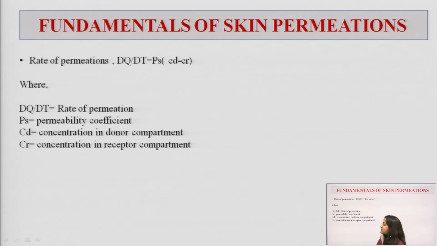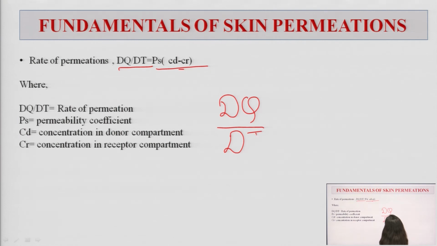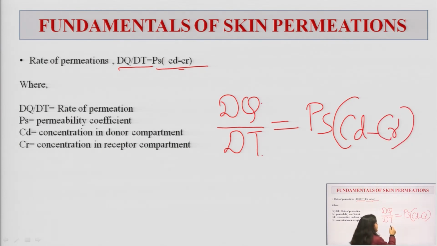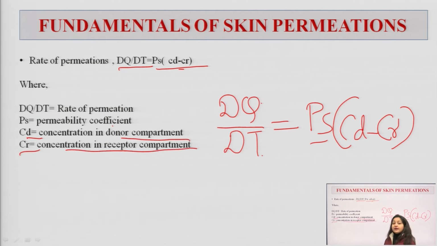It is often represented as dQ/dt = Ps (Cd - Cr). Here dQ/dt is the rate at which dermal penetration of the drug occurs, Ps is the permeability coefficient, Cd is the concentration in the donor compartment, and Cr is the concentration in the receptor compartment.